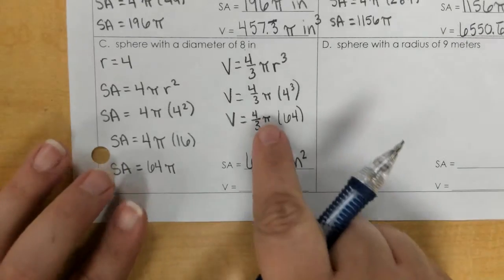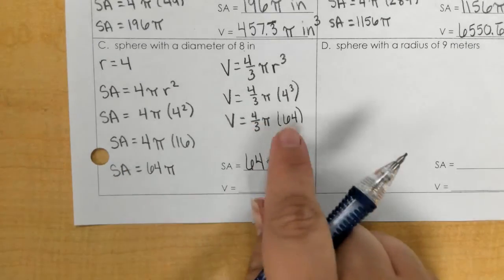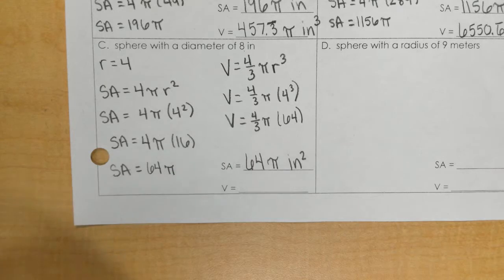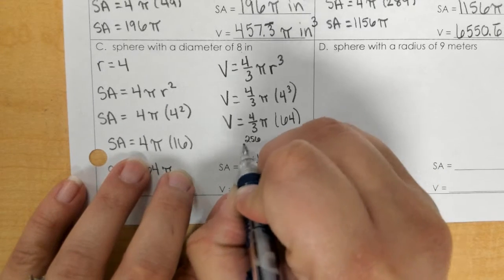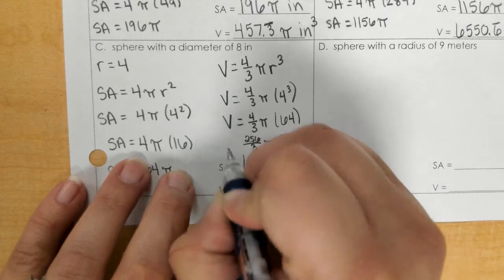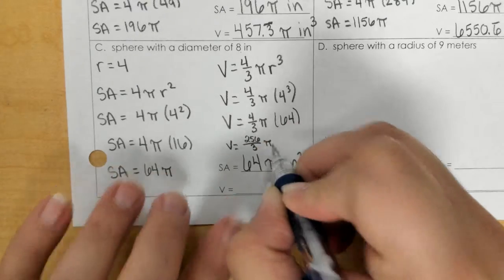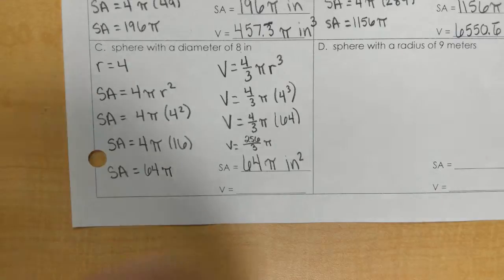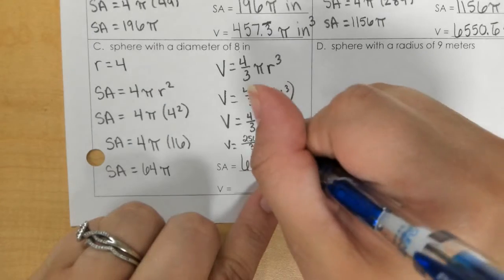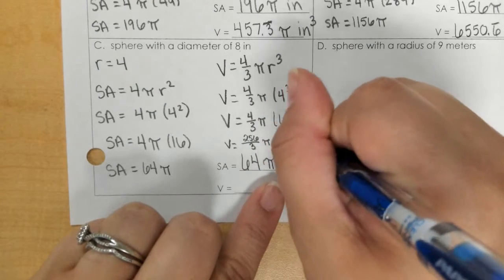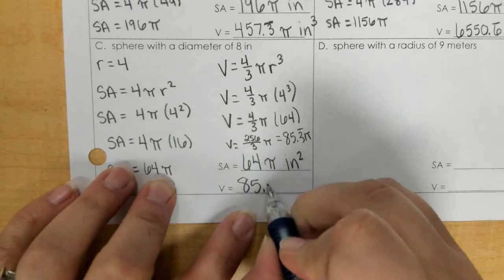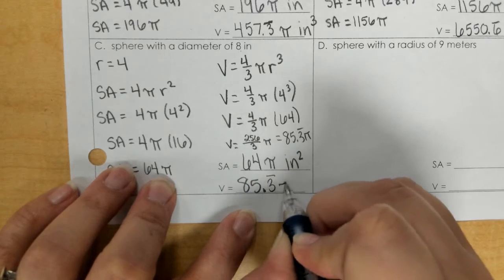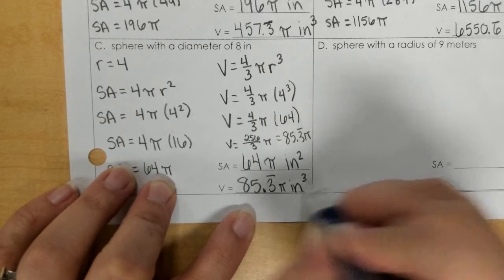And just like the other problems, I would do 4 times 64 first. And that gives me 256 divided by 3. And then you just drop down your pi. So divided by 3, we get 85.3 repeating. And then our label would be inches cubed.